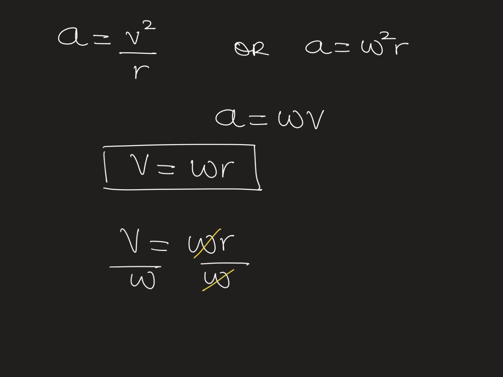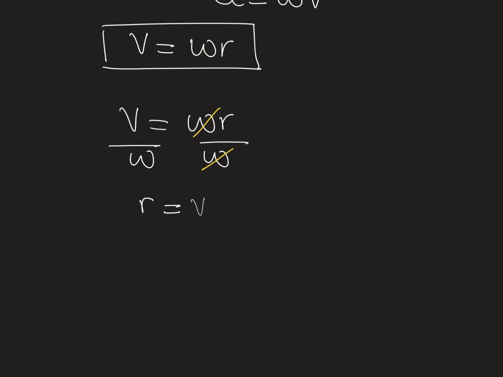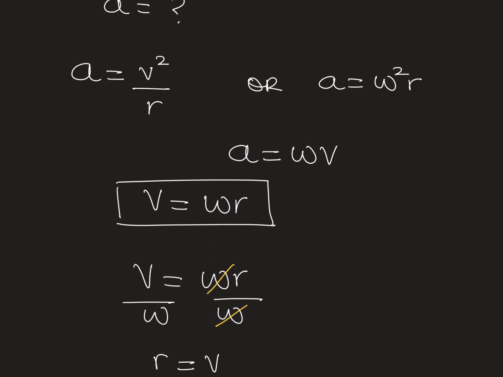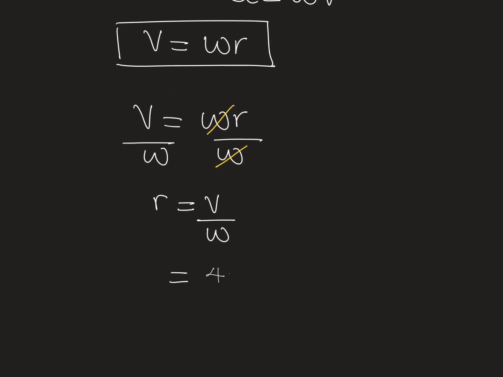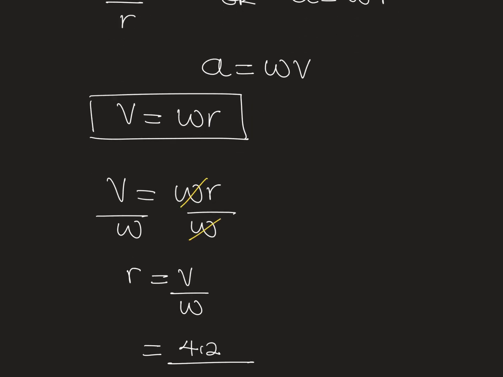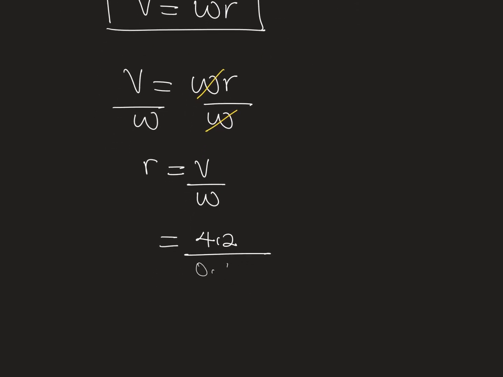So r is equal to v divided by omega. The linear velocity is 4.2 meters per second divided by the angular velocity, which is 0.8 radians per second.